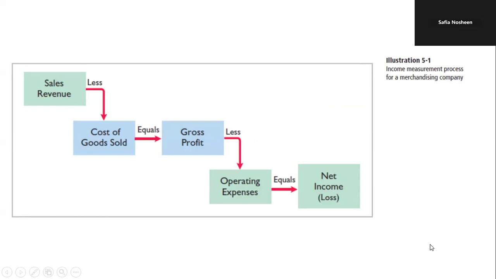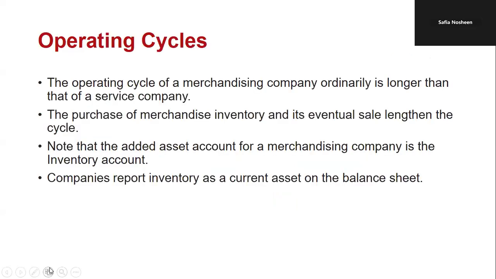From sales revenue, we first deduct the cost of goods sold, the direct cost relating to the goods sold. That gives us the gross profit, and when we deduct the operating expenses, we determine the net income. This is the multi-step income statement. The first step is determining the gross profit, and then the net income.